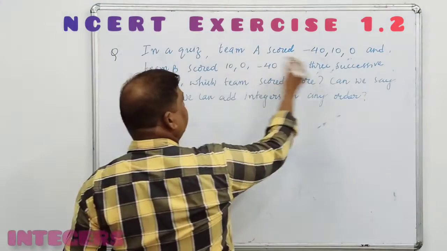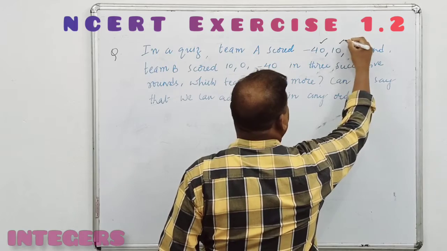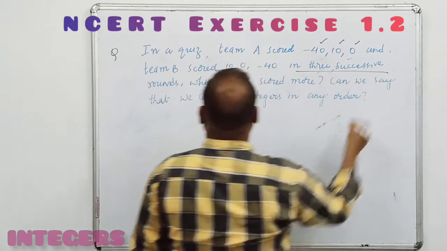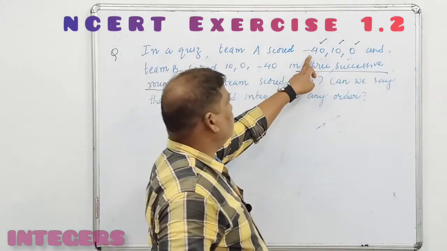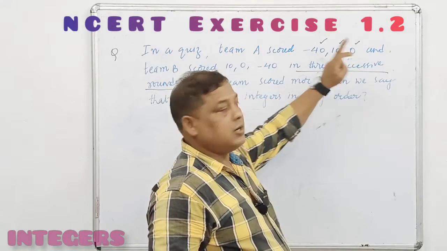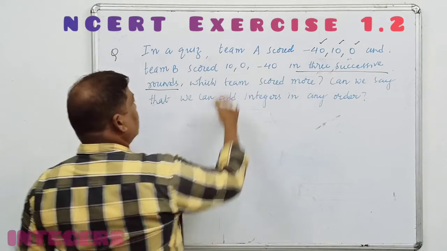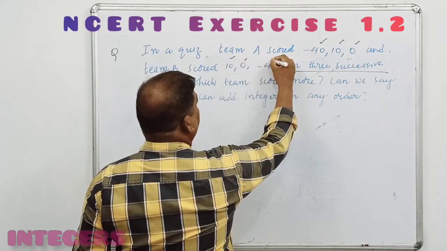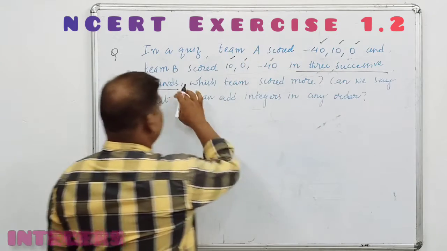Here team A scored minus 40, 10 and 0 in 3 successive rounds. The first round, the second round, in the third round. In team B scored 10, 0, 40 in 3 successive rounds.